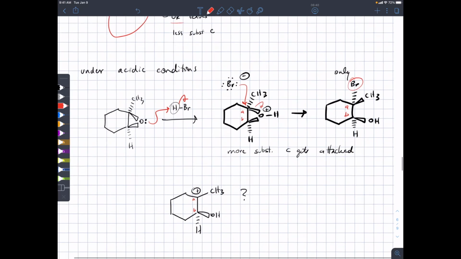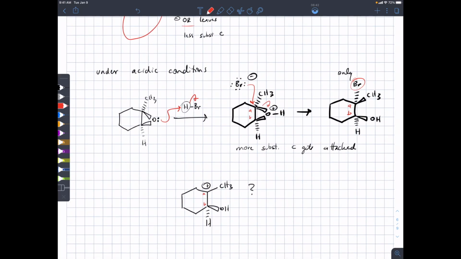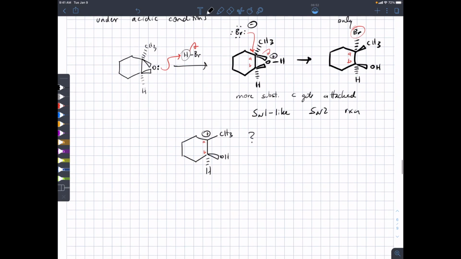So how do we explain that? We explain that by calling this an SN1-like SN2 reaction. What does that mean? Well, reactions can be concerted. That is, they can go through a transition state that involves different levels of bond breaking.